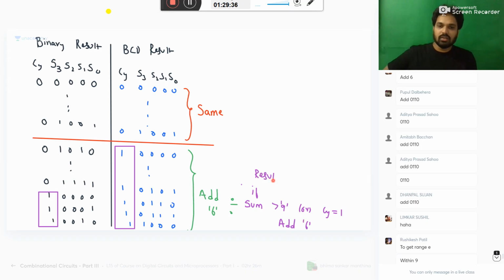What is the meaning of result greater than 9? Your sum may be greater than 9 or carry may be 1. You should see both the cases. If you see only this 4-bit part, it may look like 2 only, but you should check carry also. That's why I am saying whether your sum may be greater than 9 or carry may be 1. Any one of this condition is satisfied, add 6.